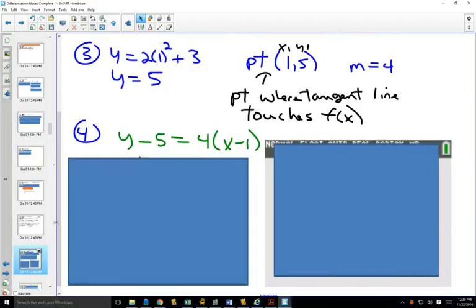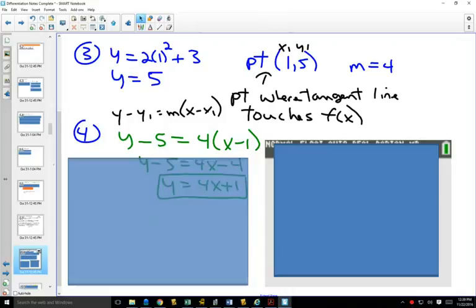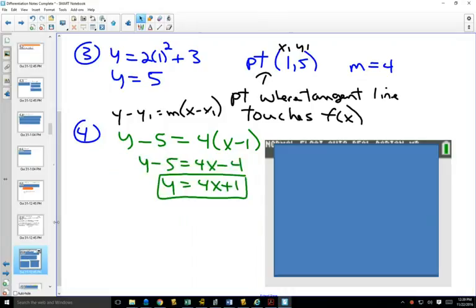So now that you have a slope and a point, you can plug that into the point-slope equation of a line. You can plug in your slope and plug in your point and simplify that. And you find out that that equation is y equals 4x plus 1.